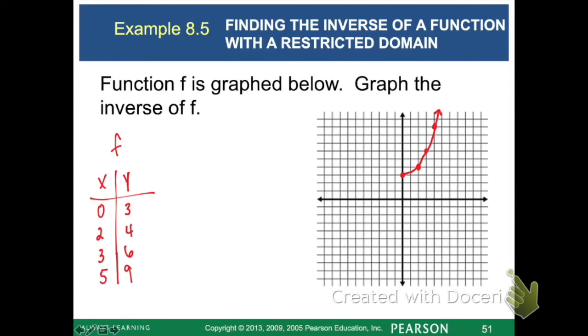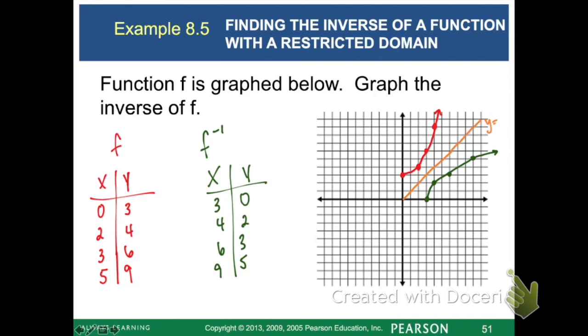And then to get points for the inverse of f, we're just going to flip each of our x and y's and then graph those points. Notice that the points have all reflected across the line y equals x that I've drawn here in orange.